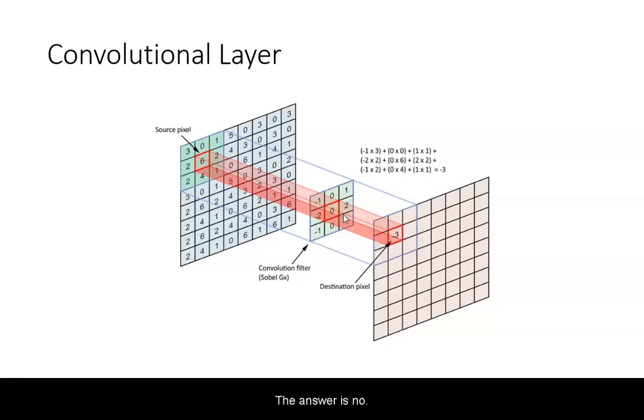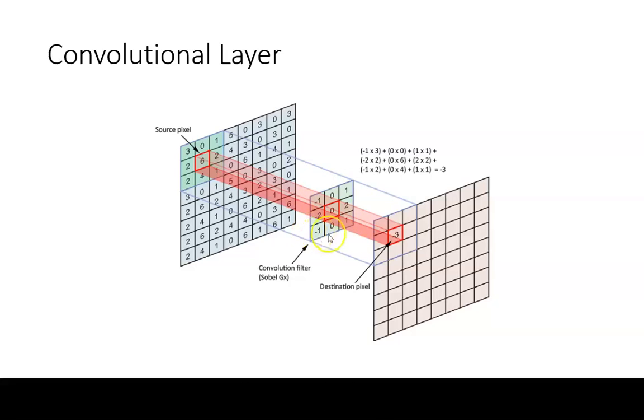The answer is no. This is where we use the power of deep learning, wherein you don't need to have a computer vision researcher handpick these 9 numbers. Instead, we treat these 9 numbers, which are part of our filter, as parameters, which you can then learn using backpropagation.